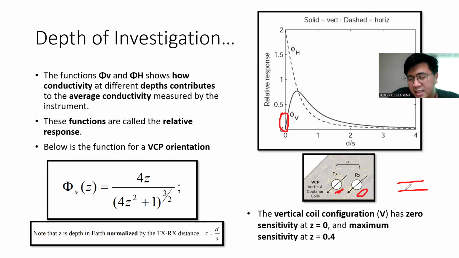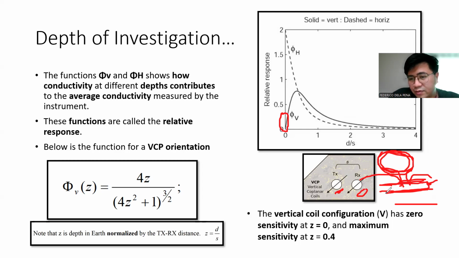The layers at the shallow subsurface, the shallow soils, are usually not perceived by the VCP because their fields are mostly oriented vertically. If your VCP is oriented like this one, it will only detect horizontally oriented magnetic field lines.